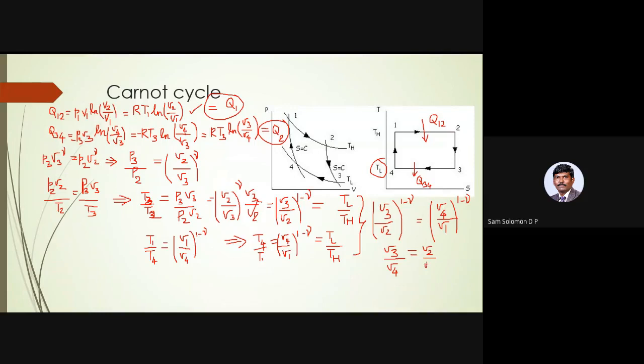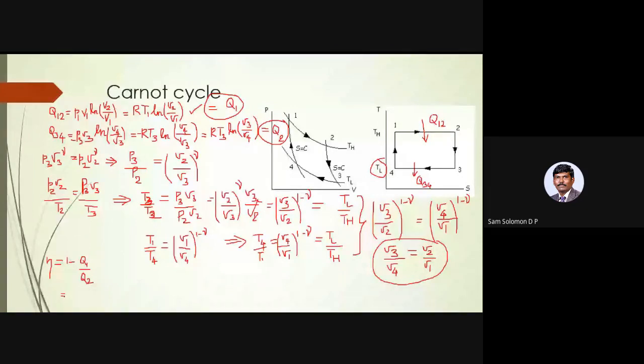Okay, so let us have this result and let's write the equation for efficiency. And we found from the line diagram yesterday that the efficiency is 1 minus Q1 by Q2. And Q1 here is Q12 and Q2 here is Q34.